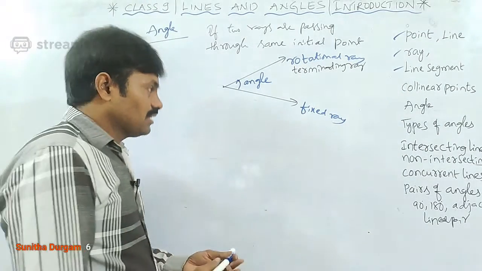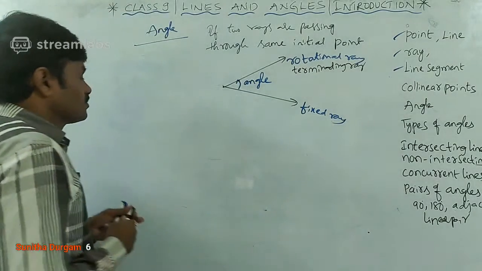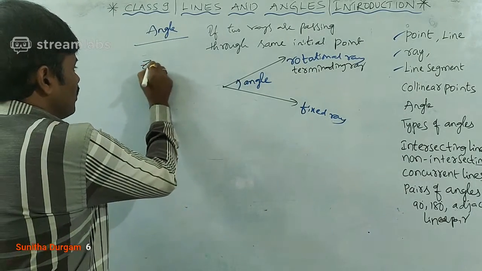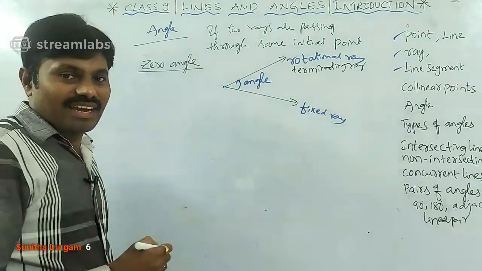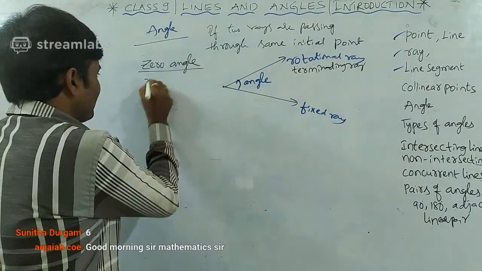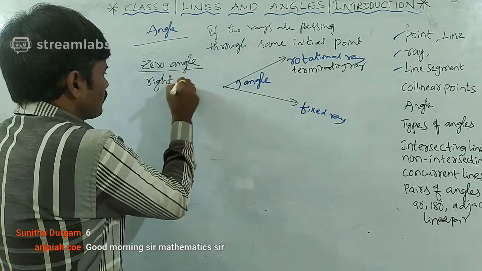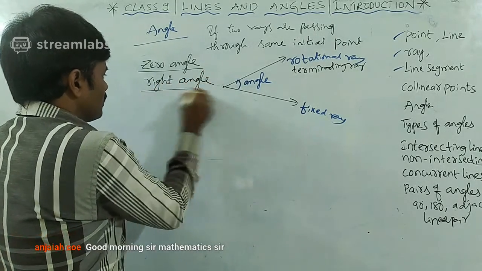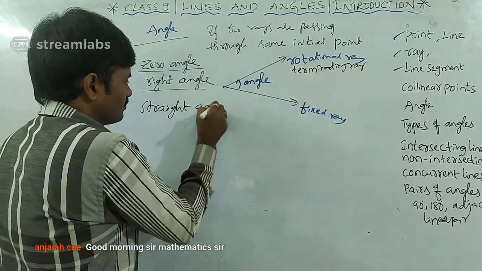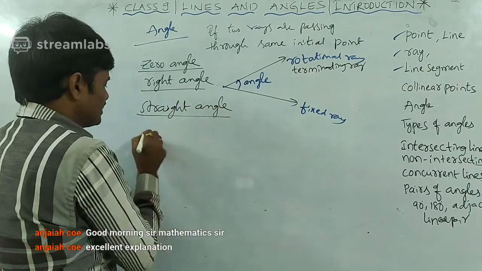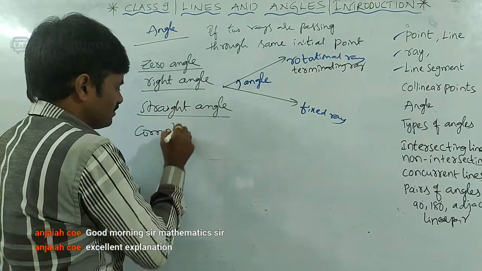So what are those? First, zero angle. Right angle. Straight angle. Next, complete angle.